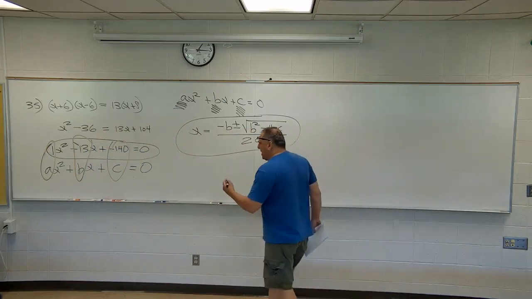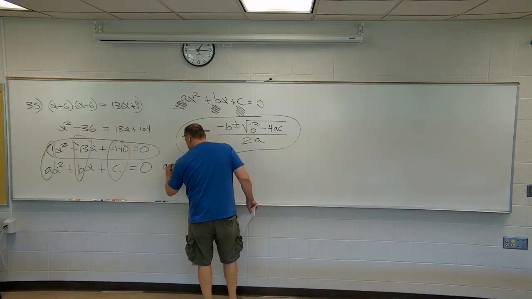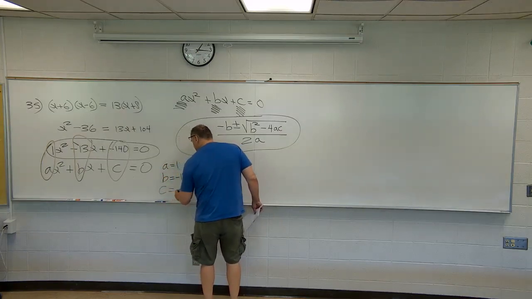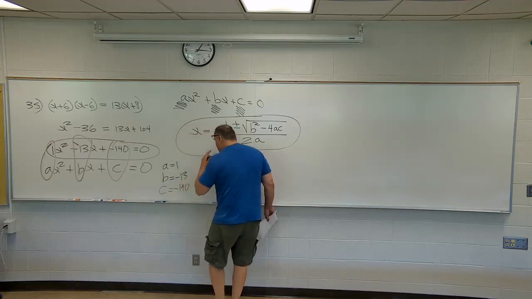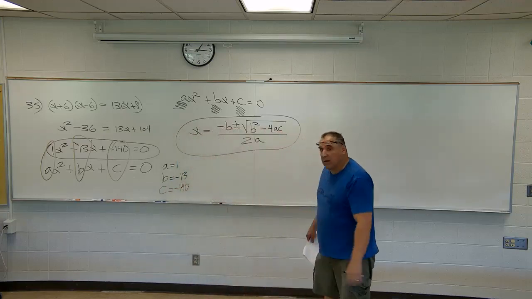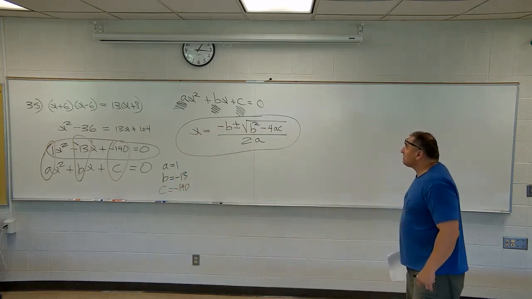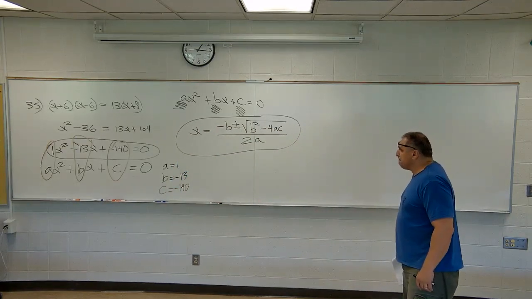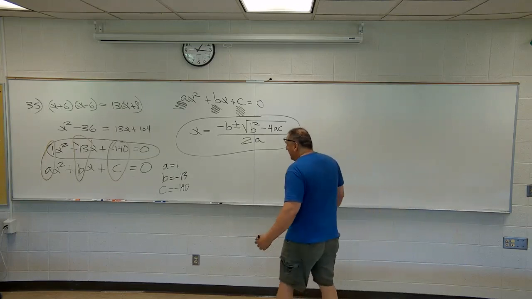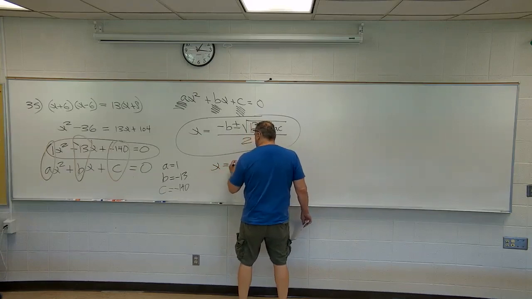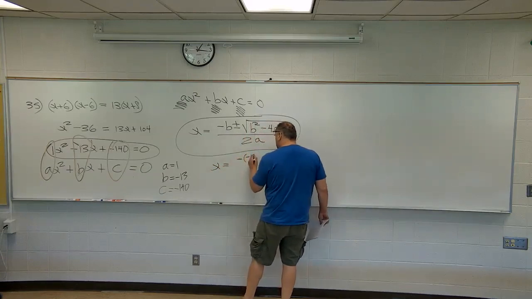So basically they're saying here, you got to set it in terms of addition now. a equals 1, b equals negative 13, and c equals negative 140. Okay, big deal. Now what, Jim? What are you going to do? Well, I got x here. The opposite of b is the opposite of negative 13.